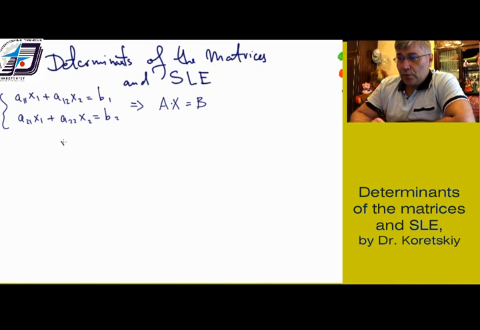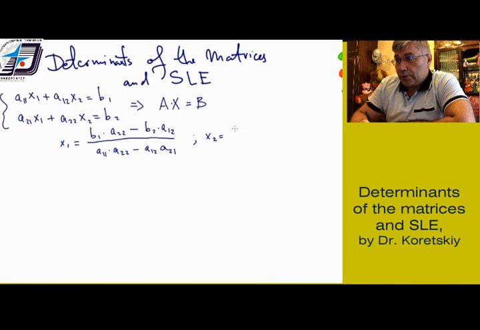Okay, and we had that we can calculate x1 as a11 times a22 minus a12 times a21 as a denominator, and the numerator consists of b1 times a22 minus b2 times a12.